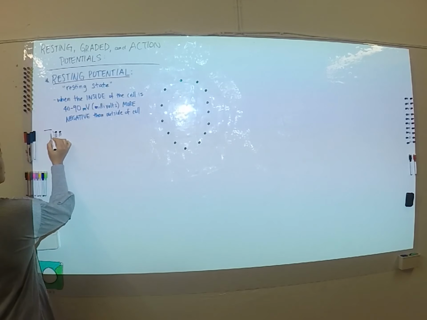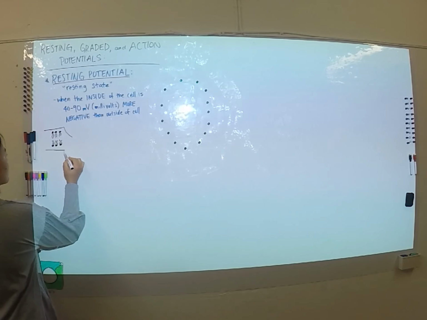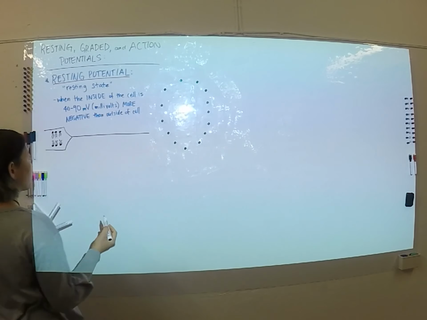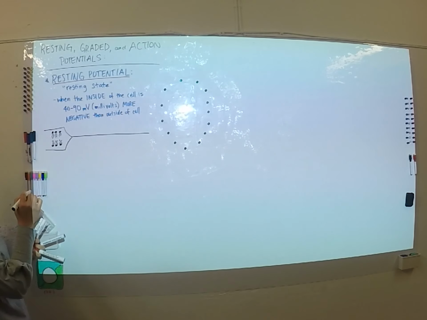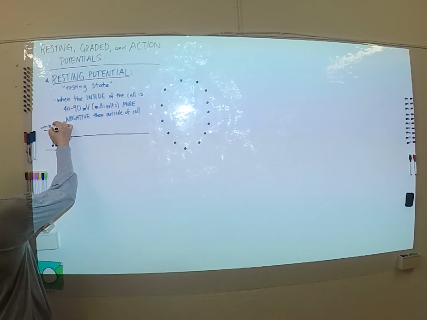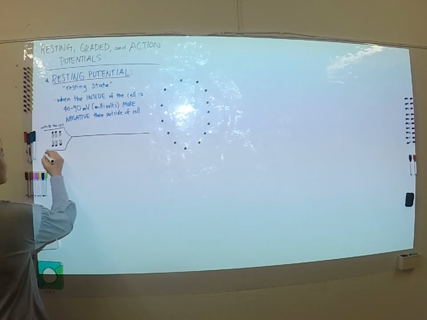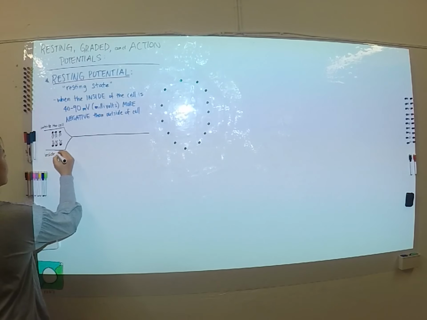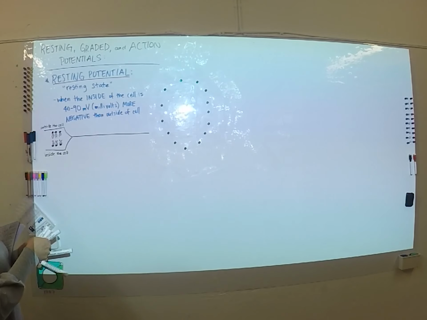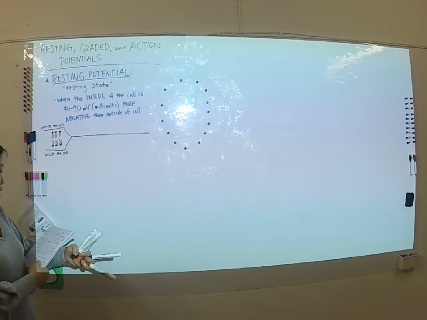Okay, so I'm going to zoom out now because we're just going to show, okay? So we're going to pretend that this is outside the cell, okay? And this side is inside the cell.